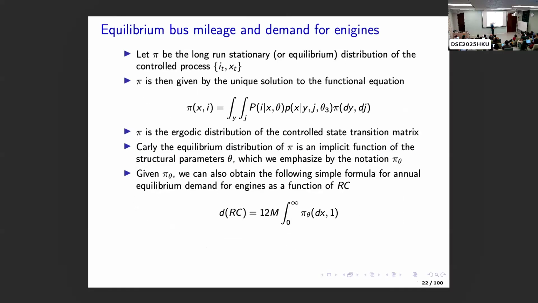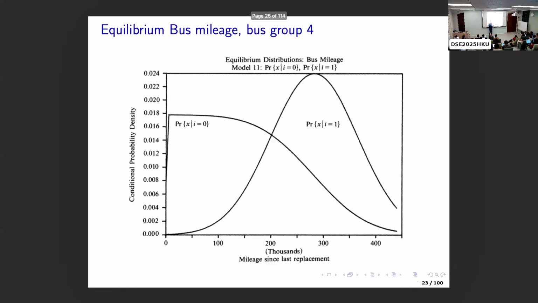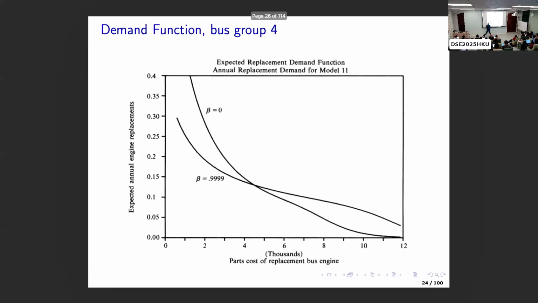He multiplies by 12 months, and then he integrates that. You can do that for one value of the replacement cost. So now we're going to recalculate that equilibrium distribution and that expected annual engine replacement, which is like the demand for engines, by varying the replacement cost.